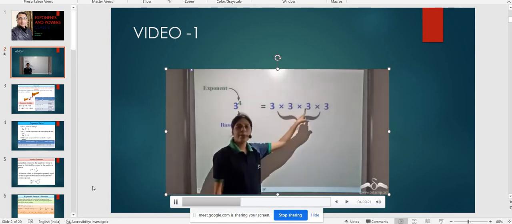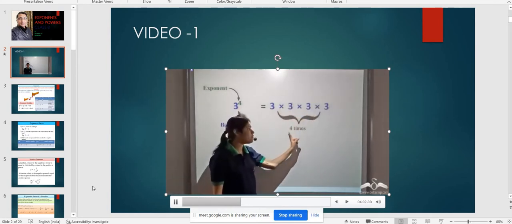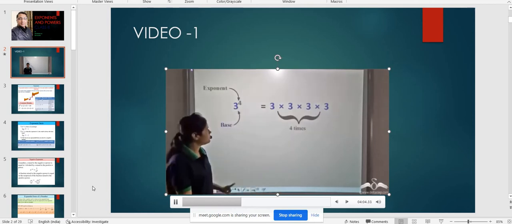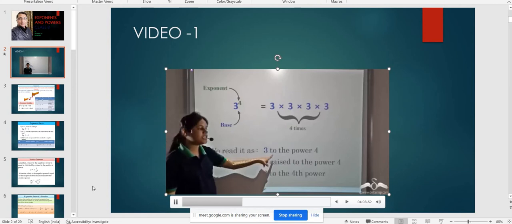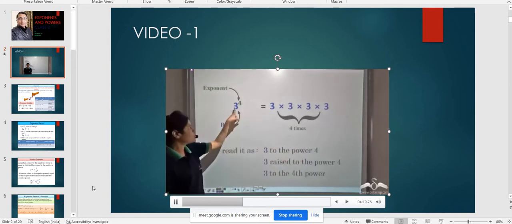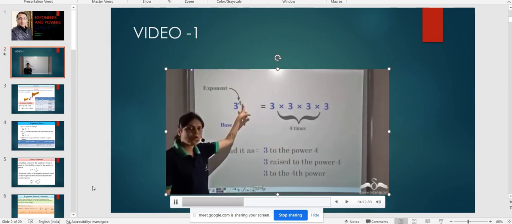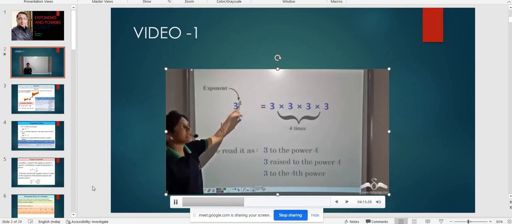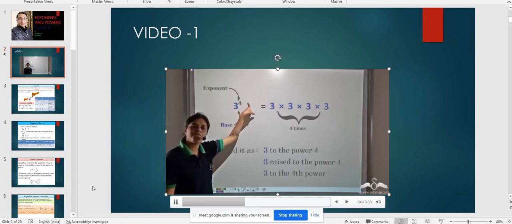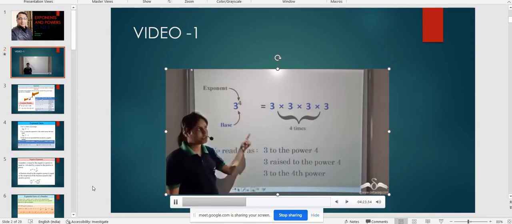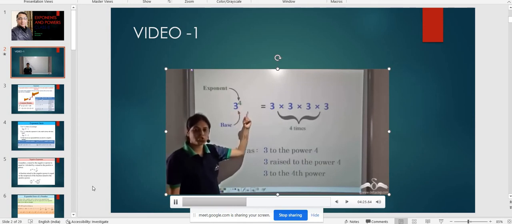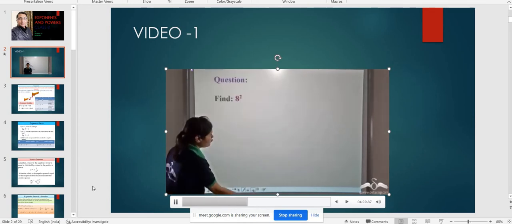So 3 multiplied with itself 4 times. We read it as 3 to the power 4, or 3 raised to the power 4, or 3 to the 4th power. So we can read it in any manner we want.